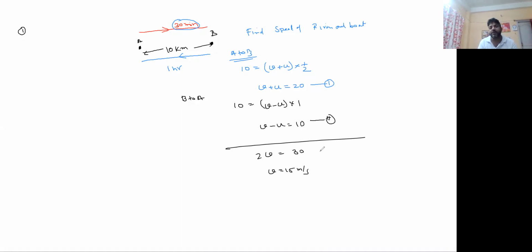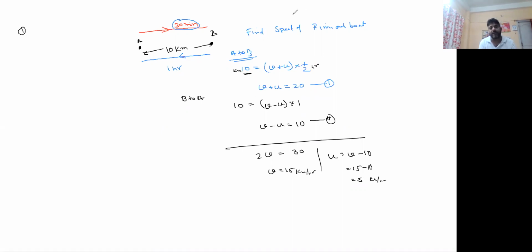If you put this in any equation, U is equal to V minus 10, that is 15 minus 10, that is 5. Sorry, not meter per second, kilometer per hour, because this is in kilometer, this is in hour. So kilometer per hour.